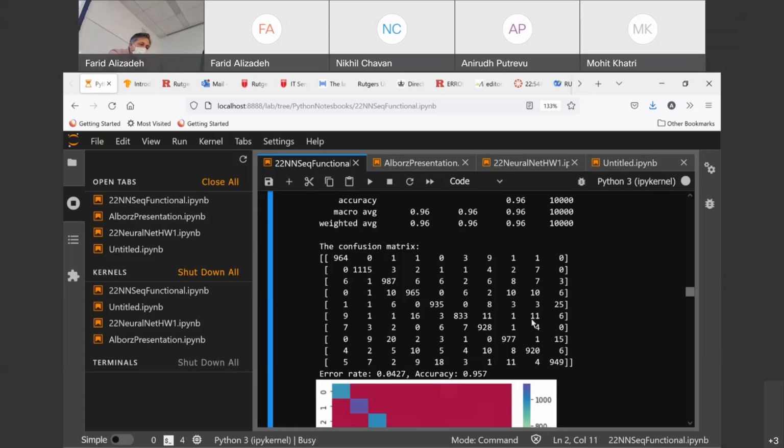So for example, if you look at this 11 here, it was a 5, but it was predicted to be a 9. Yeah, 9 is the last column. So 11 pictures were 5s, but they were predicted to be 9.